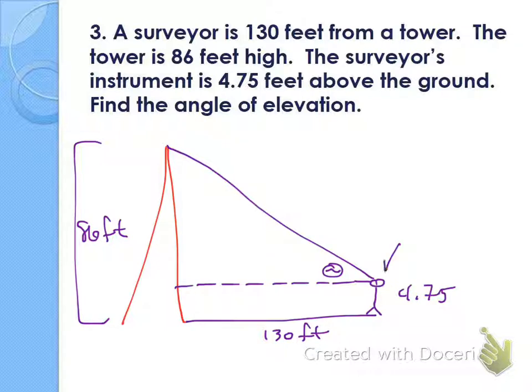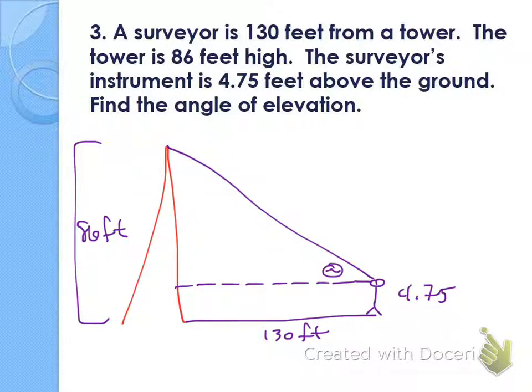So the instrument is right here. It's again important to draw in that horizontal, the original horizontal line of sight, which is what this guy is, right? And that from there, the instrument would have to look up to see the top of that tower, and that's the angle of elevation that we want to find. Okay?